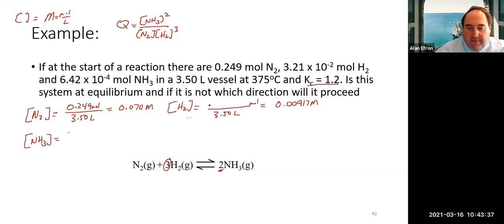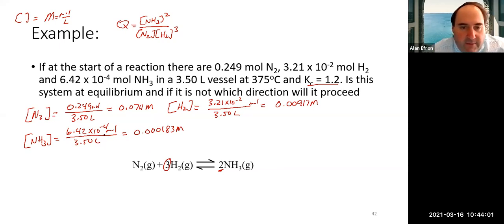H2 should be the 3.21 times 10 to the minus 2. There we go. And NH3 is 6.42 times 10 to the minus 4 moles divided by our 3.50 liters. And that would give us 0.000183 molar in this particular case. Any questions on how to calculate the molarity there?